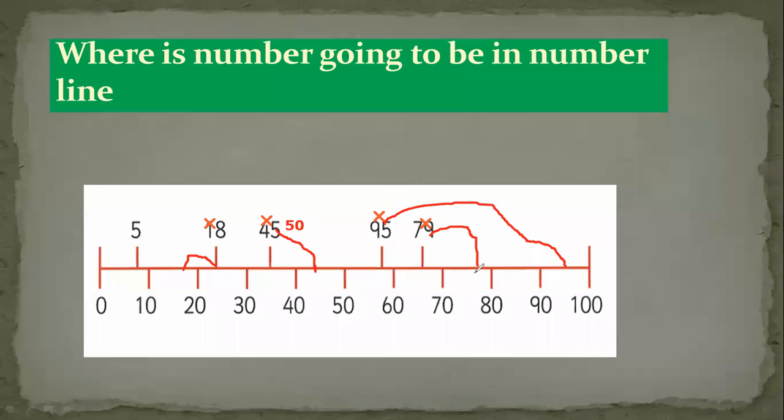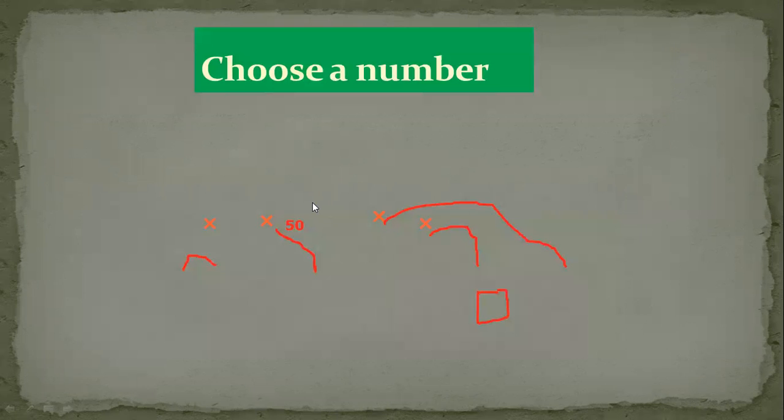So when we are rounding 79, what is the midpoint between 70 and 80? 75. And 79 is more than the midpoint. So when we round it off, we are going to make it 80. Understand, boys? Okay, moving on.